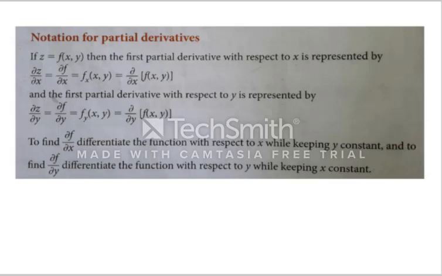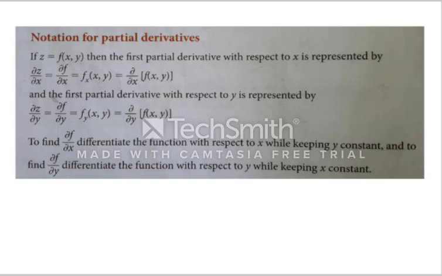This is the same as saying delta f delta x, which is the same as saying f subscript x of x and y. And the first partial derivative with respect to y is represented by delta z delta y, which is the same as delta f delta y, which is the same as saying f subscript y of x and y.